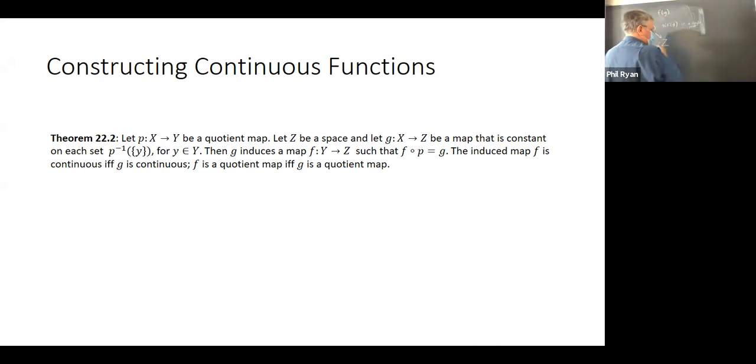Since g is constant on that inverse image there, let that be f of y. So that gives us a well-defined map from y to z.